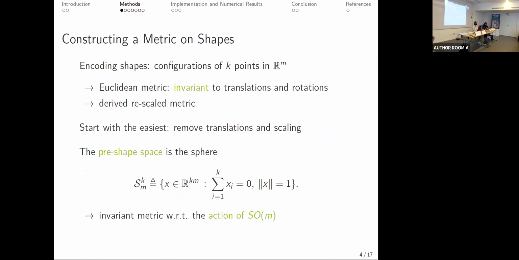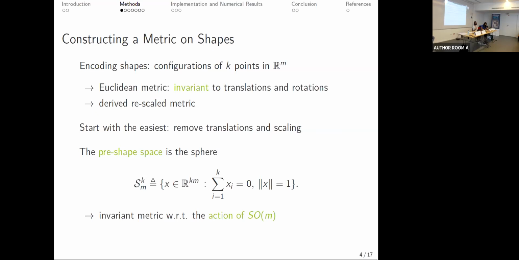So a bit about Kendall shaped spaces. They are constructed so that we have a metric on shapes, which are encoded as configurations of points. And we want these shapes to be the same from a translation, rotation, and scaling point of view. So what we want is exactly a metric which is invariant to all these transformations.